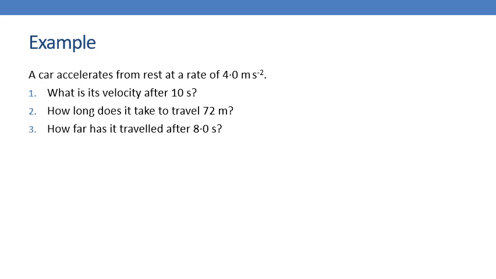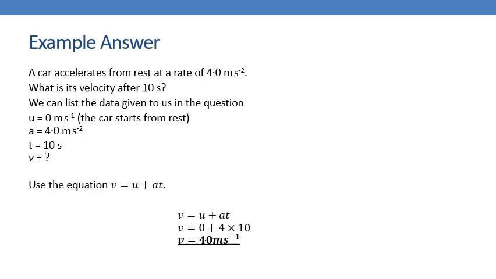Let's look at an example of a car accelerating from rest at 4 meters per second squared. And we're asked to work out its velocity after 10 seconds, how long it takes to travel a certain displacement, and how far it has gone after a certain time. So, like any question, start with listing out the data that you have.